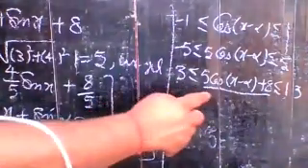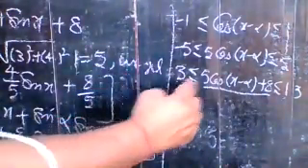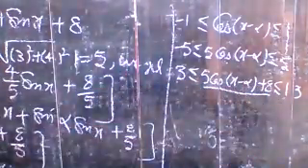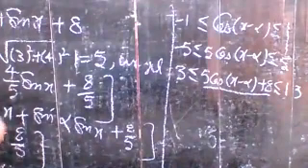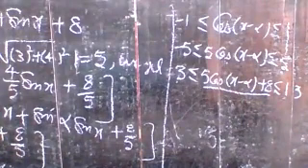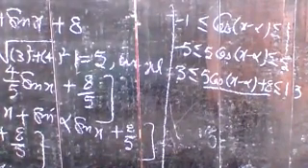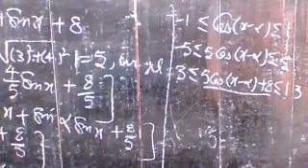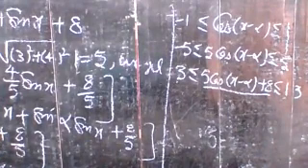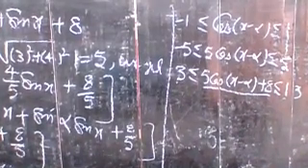So the minimum value of the function is 3 and the maximum value of the function is 13. Note it, please. नोट कर लो बेटा इसको. So in this way, you have the maximum and minimum value of the function.